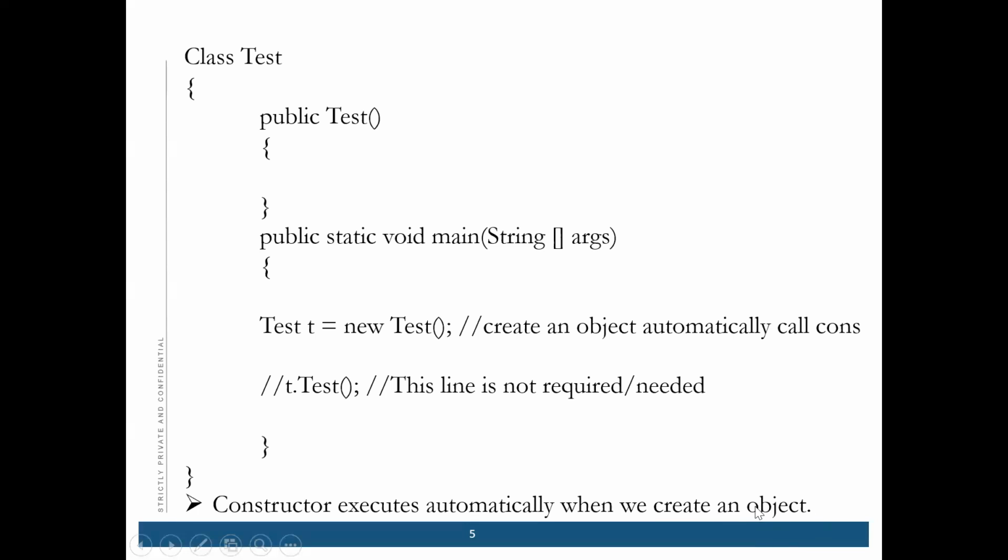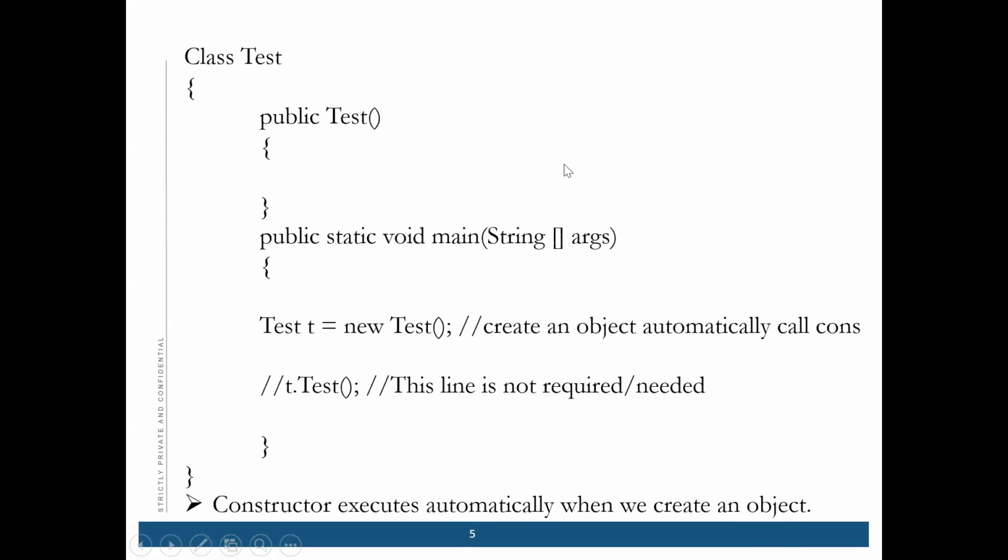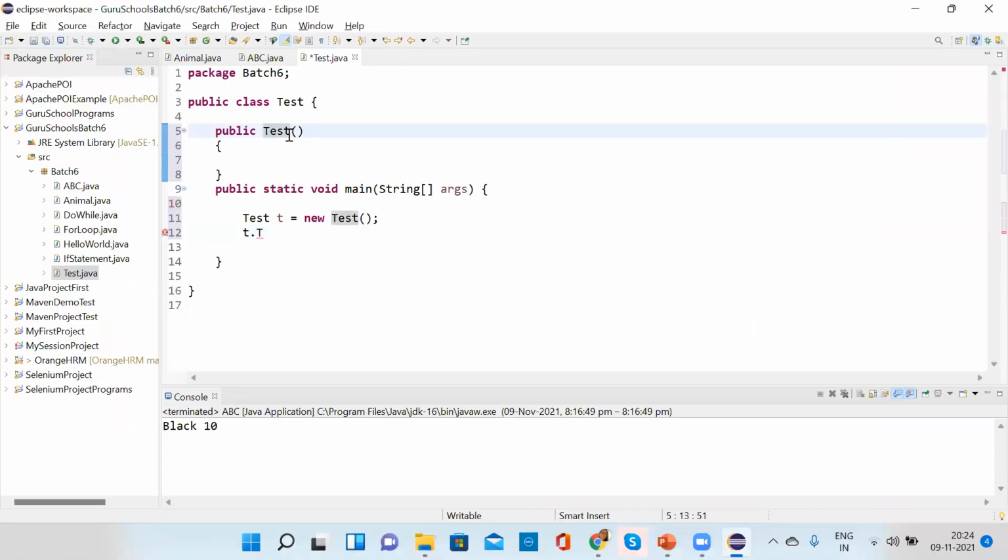Clear? Chavi, in real time, do they create this? Here we have created a constructor with no return type, but if you create a method giving void, with the method name as the class name, do they use it in real time?